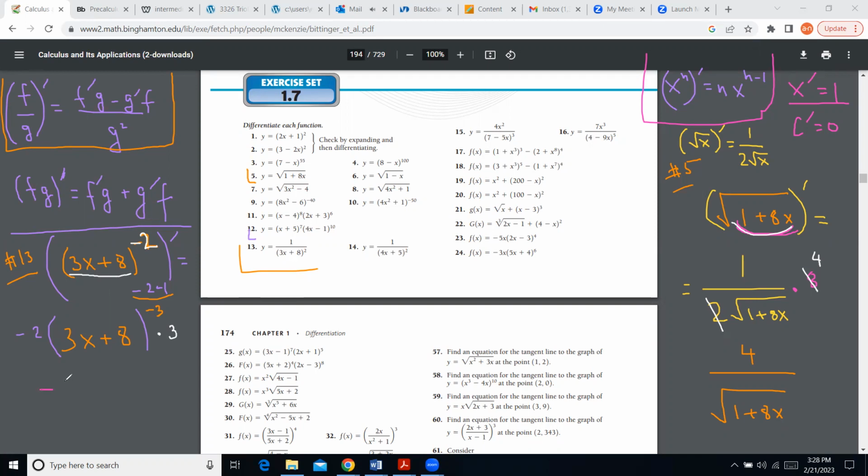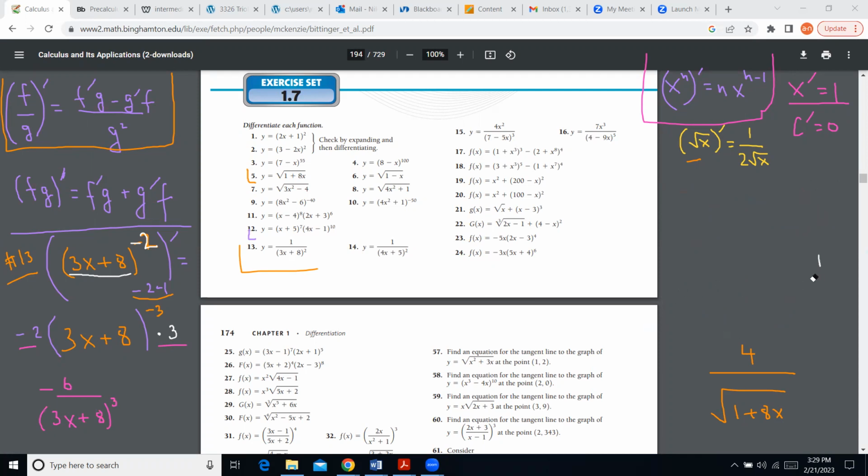So I can treat it as a -6 on the top, multiplying this -2 and 3 is -6. And then I bring down this 3x plus 8. So I have it cubed, because we don't want to leave negative powers. So if it doesn't take too much work, we can always rewrite it somehow like that. And this will be our result.